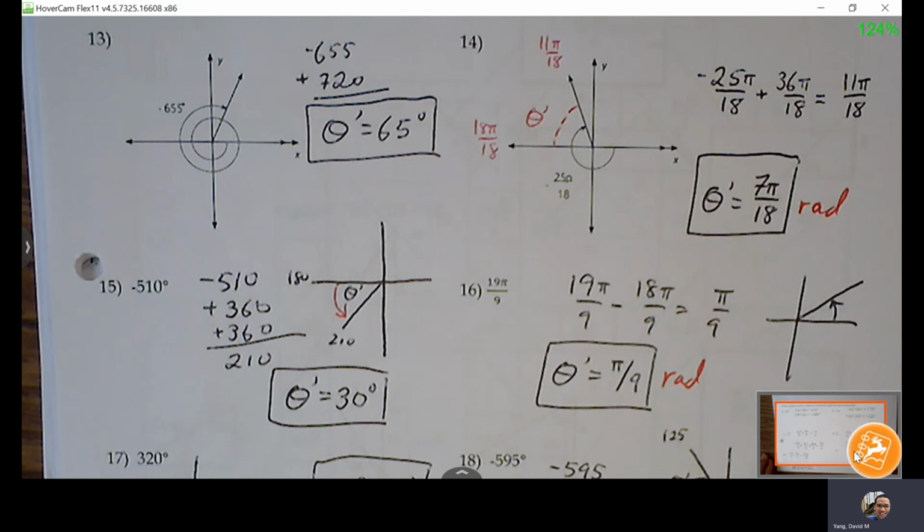My reference angle is always going to be the measure between my terminal side and the x-axis. Right, so here's another rule here.